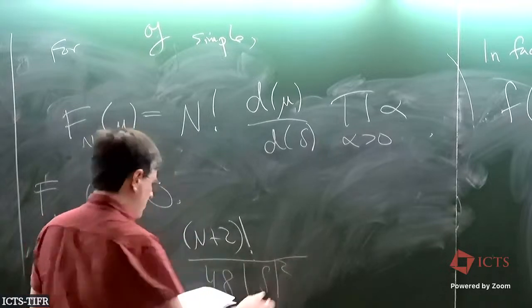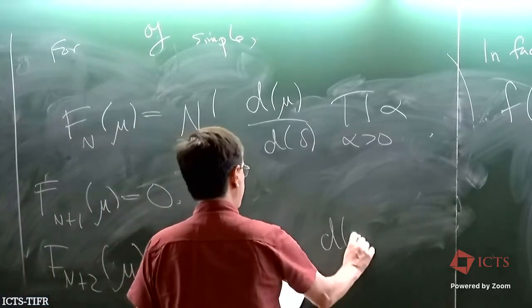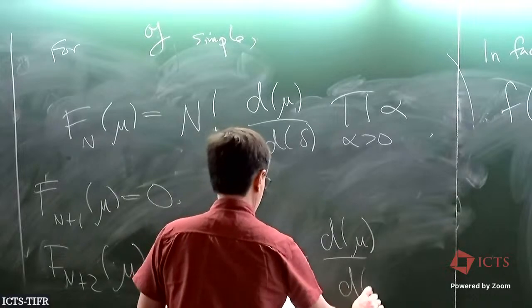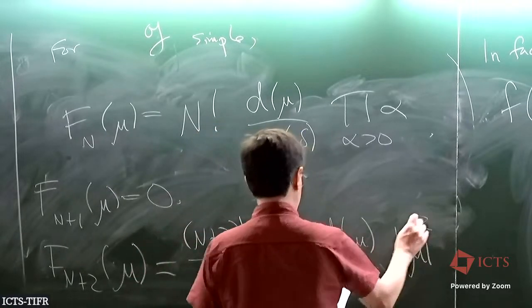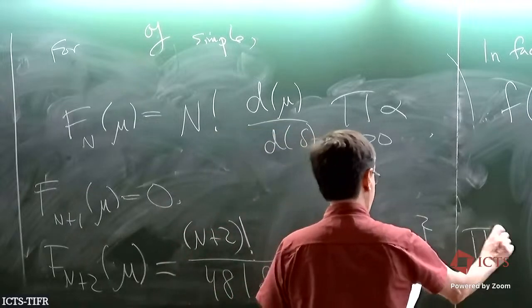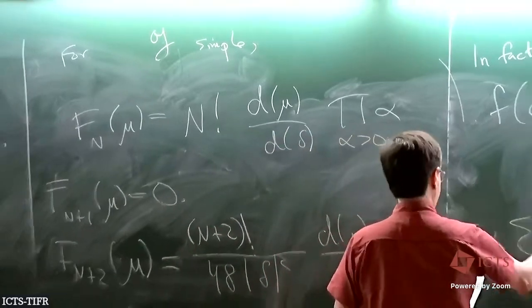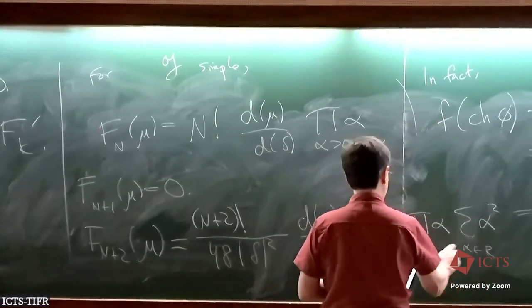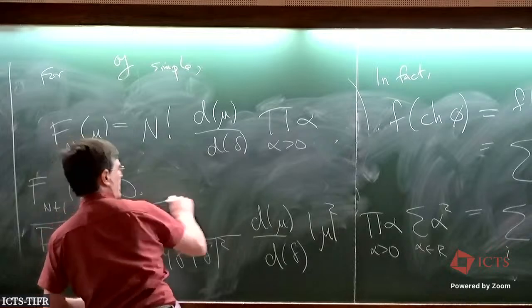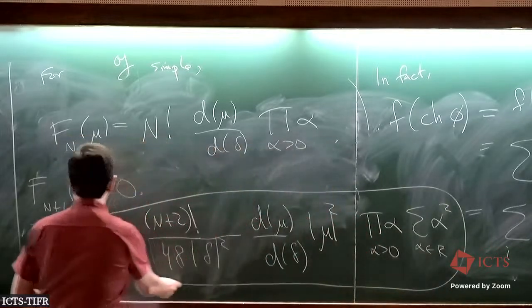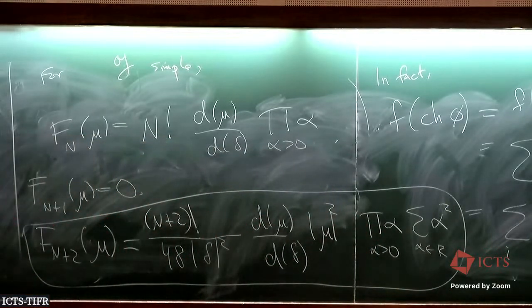Whenever I have a norm here, it's the Killing form. Okay, and so this is the formula for this Fn plus 2.